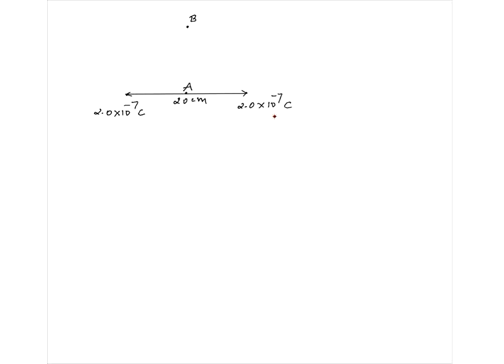So the question is, how much work is done by the field during the process? Work done by the field means W conservative. Basically, we want W conservative. Can you try to do it? Or let me know if you have any problem.